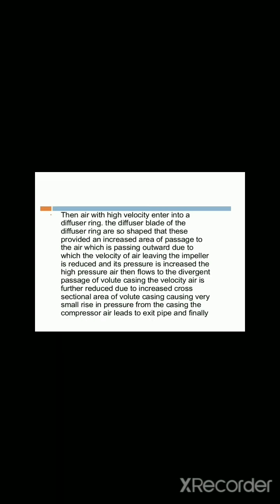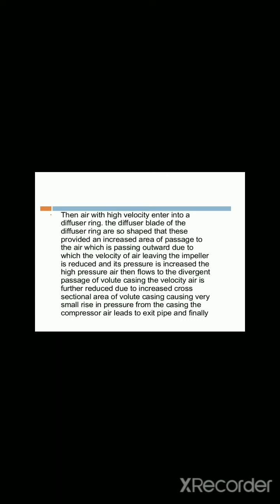Due to the rotation of the impeller at high velocity, air with high velocity enters a diffuser ring. The diffuser blades of the diffuser ring are shaped so that they provide an increased area of passage to the air passing outward, due to which the velocity of air leaving the impeller is reduced and its pressure is increased.